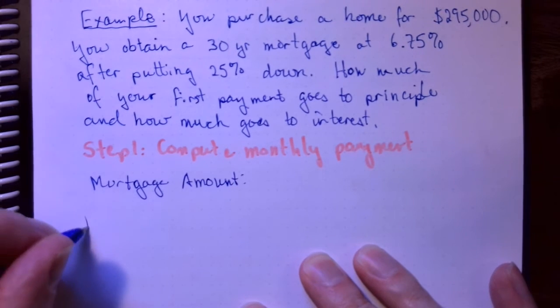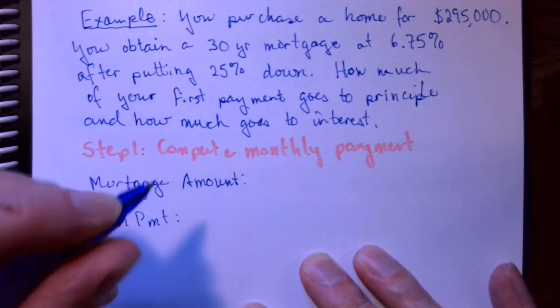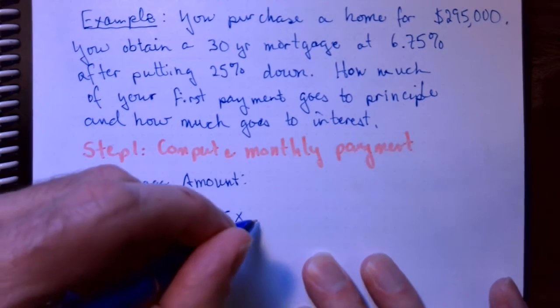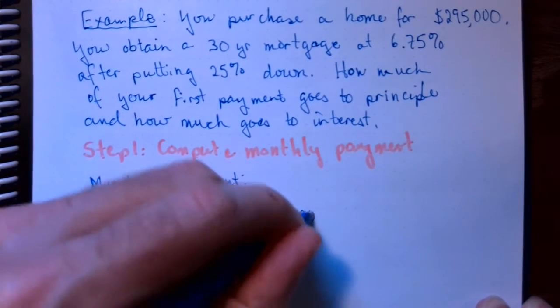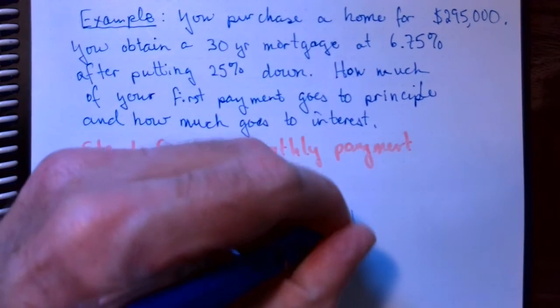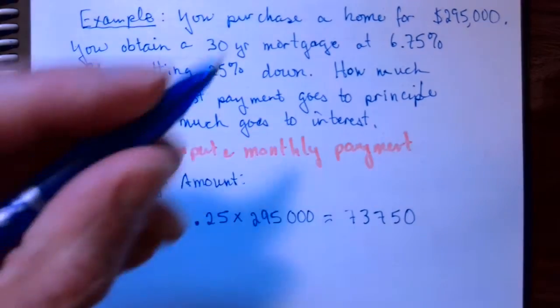Okay, so the down payment, that was 25% of the purchase price of the house. So 0.25 times 295,000. So the down payment was $73,750.